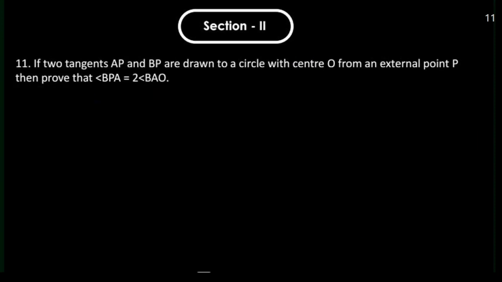If two tangents AP and BP are drawn to a circle with center O from an external point, then prove that angle BPA is equal to 2 times angle BAO. Okay, so to understand this, let's draw a circle.